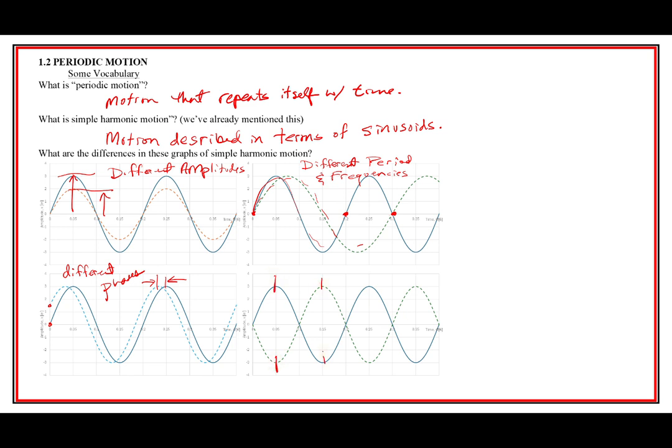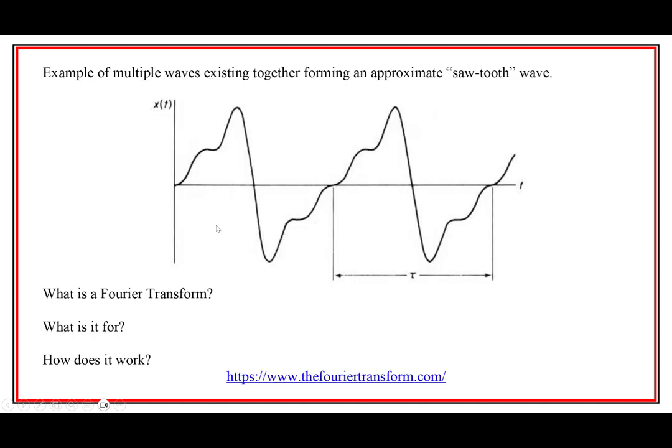This is 180 degrees, or pi, out of phase. So I can say that the one over here on the left is out of phase as well. These are important things to recognize in terms of this sinusoidal motion.